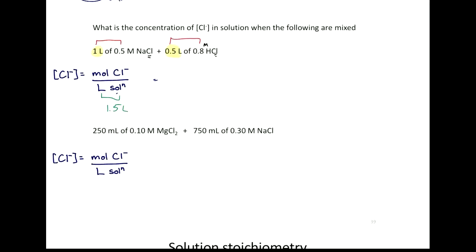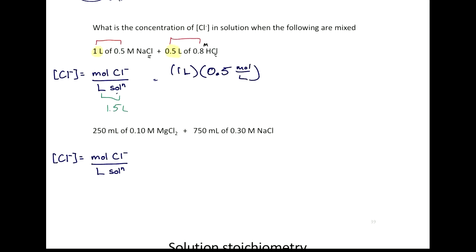So how I go about this is recognize that a volume times a molarity will give me my mole amount of chloride in this first solution. So I'm going to do 1 liter of that NaCl solution times its concentration, 0.5 molarity, or you can think about it as moles per liter.